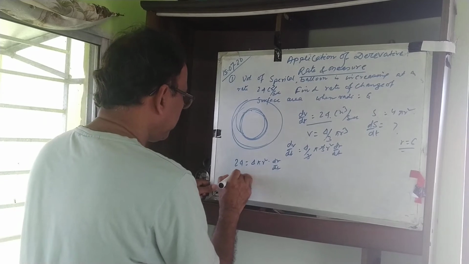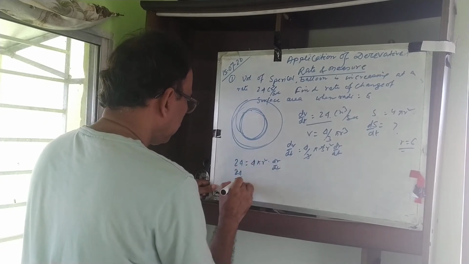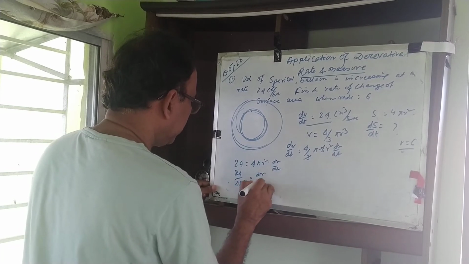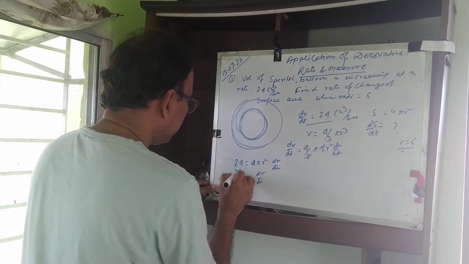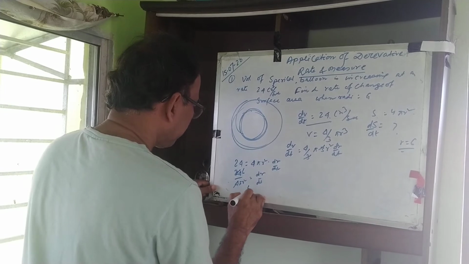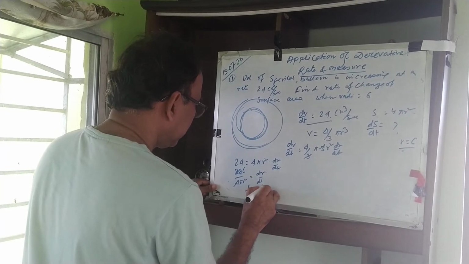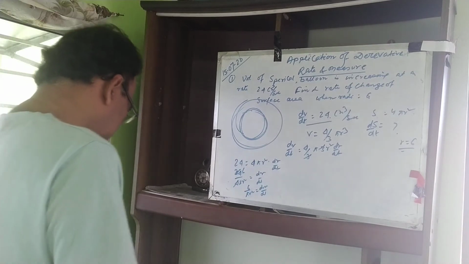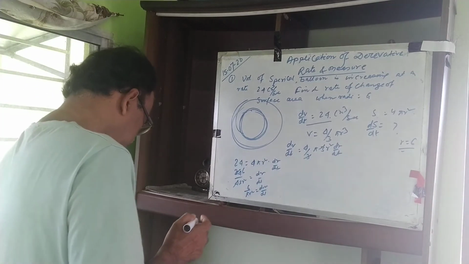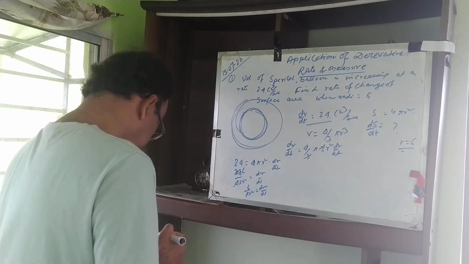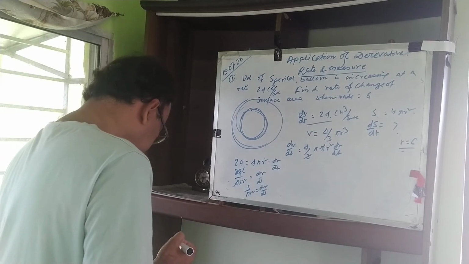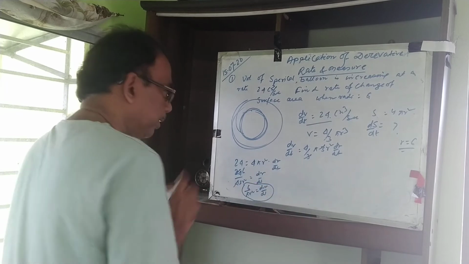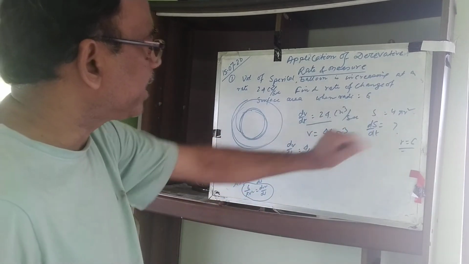So 24 by 4 pi r square equals dr by dt. That is 6 by pi r square is dr by dt. Now we have to find dS by dt.